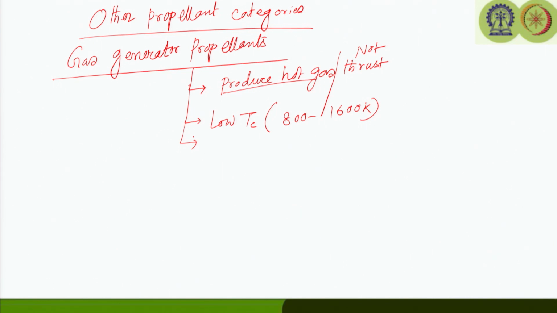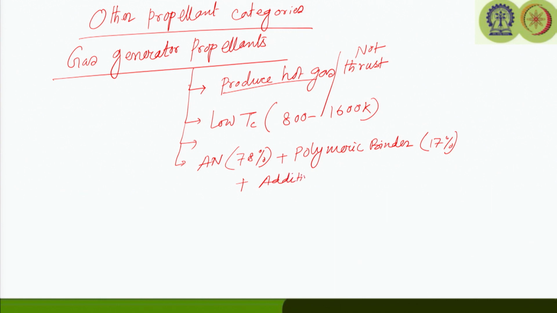The typical ingredients for this type of propellant are like this. It can have ammonium nitrate, let us say 78%. It can have some polymeric binder, let us say HTPB or any kind of polymeric binder, which takes about 17%. It can have some additives like processing aids, plasticizers, and stabilizer, that may contain about 5%. Oxidizer typical size may be 150 to 200 micron.